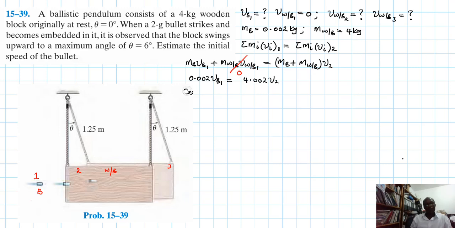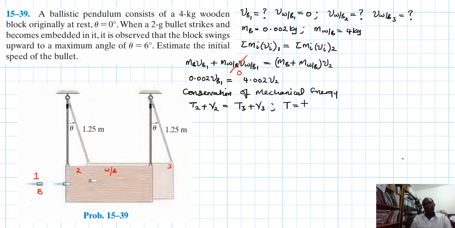So now we are going to use the conservation of mechanical energy. So T2 plus V2 is just equal to T3 plus V3.